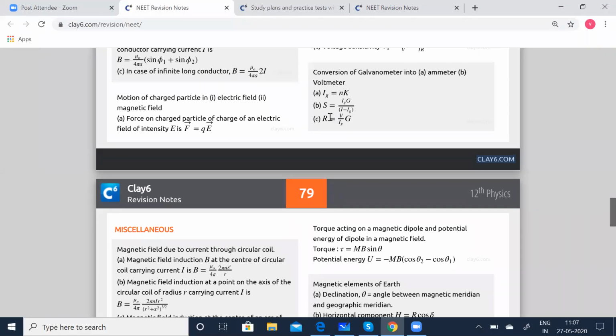R is the resistance, given by R is equal to V by Ig, minus G. So these are the formulae you'll have to use to convert a galvanometer into an ammeter or a voltmeter. Using this, you can easily solve problems related to this.